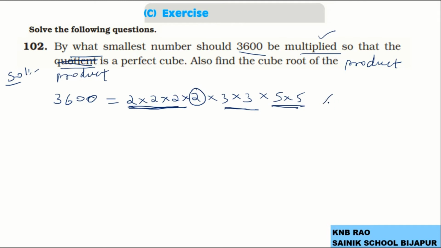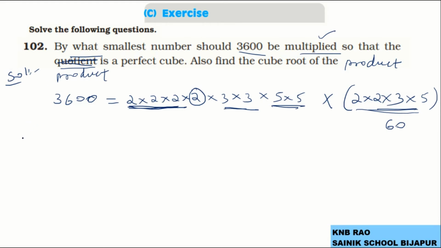We need 2 times the prime factor 2 so that this 2 gets into a group of 3's, and 1 time 3 so that this prime factor 3 gets into 3's, and 1 time 5. So totally it is to be multiplied by this product. How much is this product? It is 60. So we need to multiply by 60.